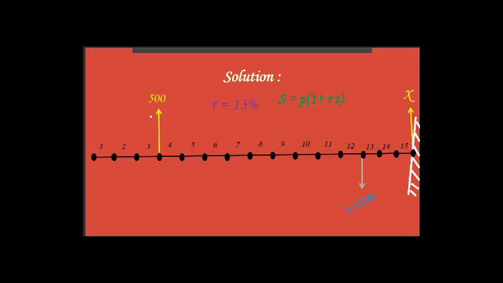Also, we need to get the time for $500. The distance from the maturity date of 500 to the focal date, from 3 to 15, equals 1 year.